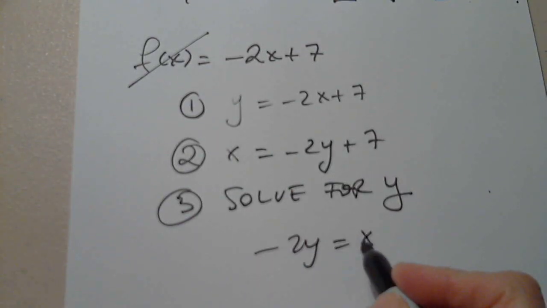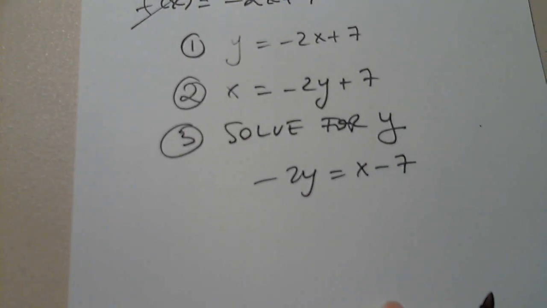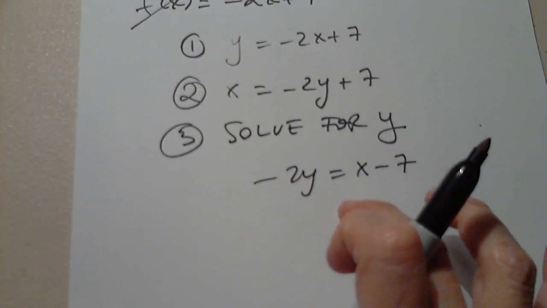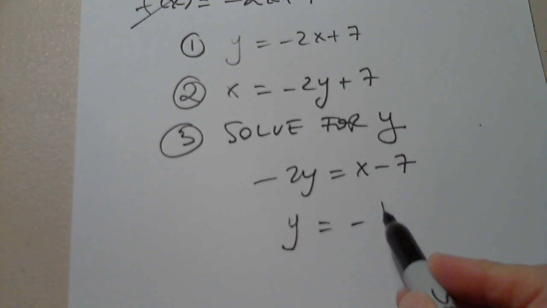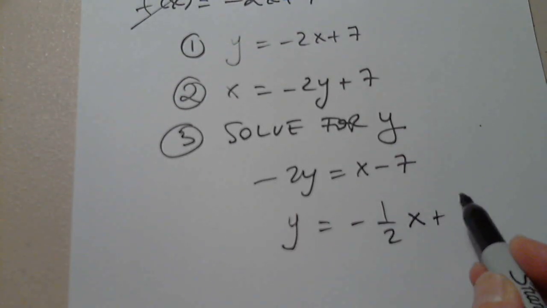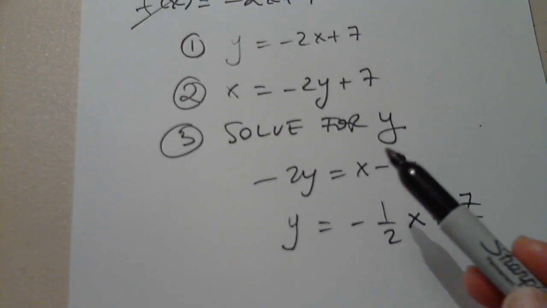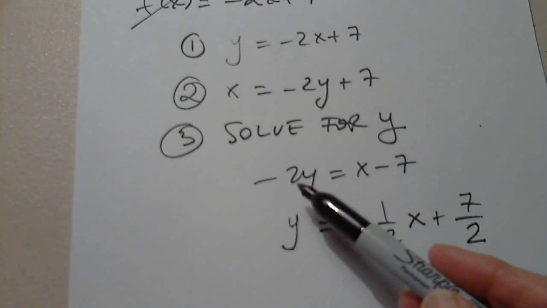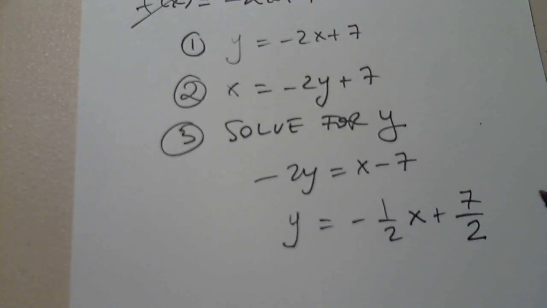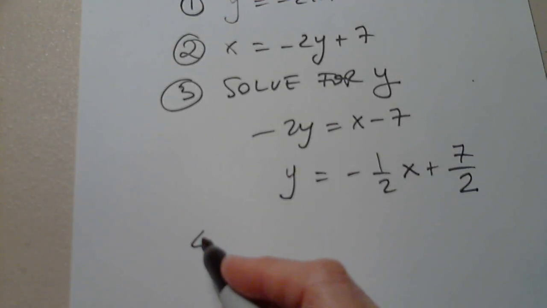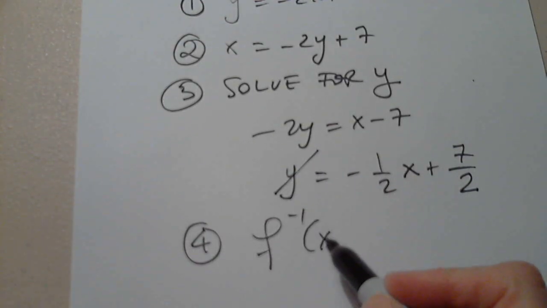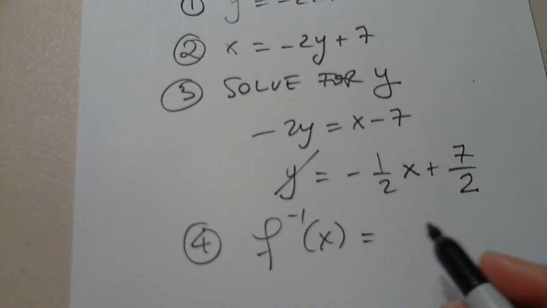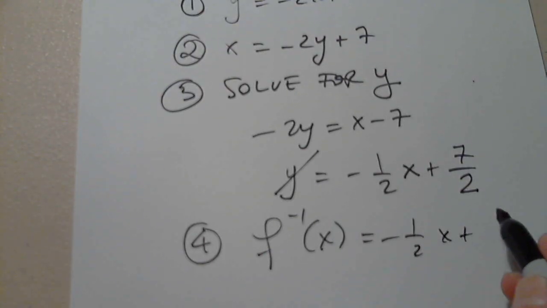Negative 2y equals x minus 7. And carefully divide by negative 2 term by term. y equals negative 1/2 x plus 7 halves. 1 divided by negative 2, negative 7 divided by negative 2. And this is it. Final step, I replace this by the symbol f inverse. And this is it.